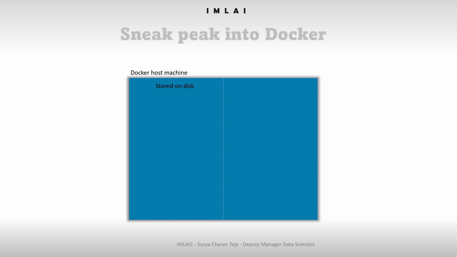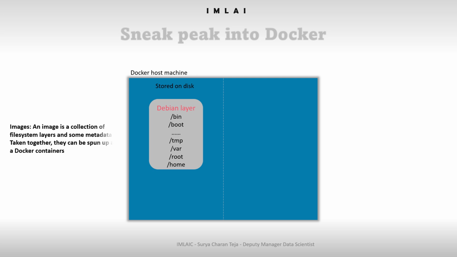In short, containers are running systems defined by images. These images are made up of one or more layers, or sets of diffs, plus some metadata for Docker.